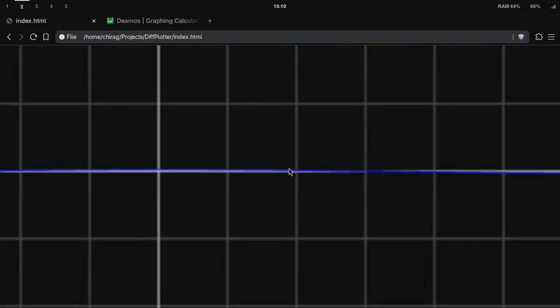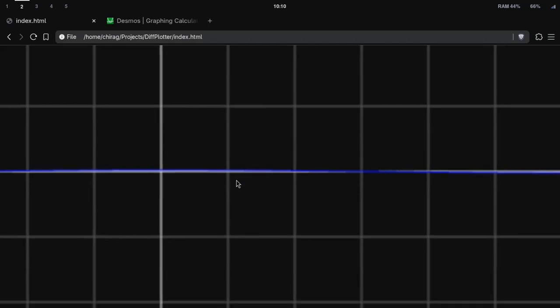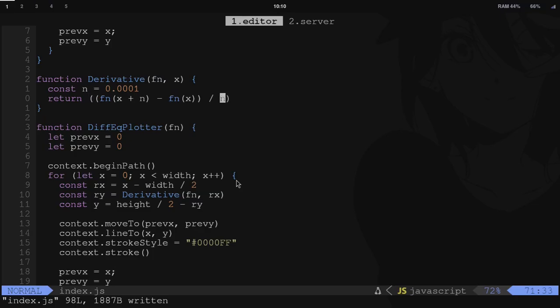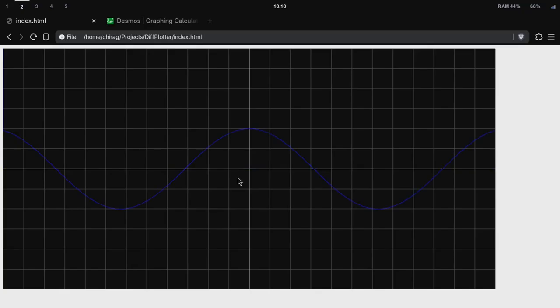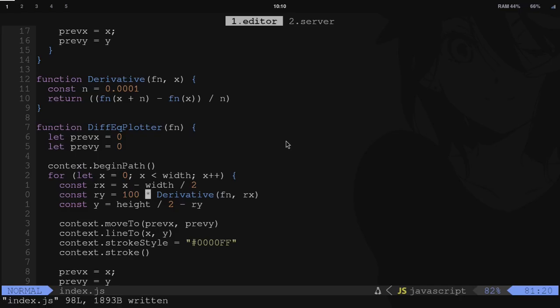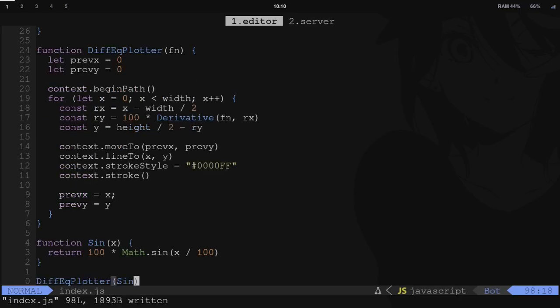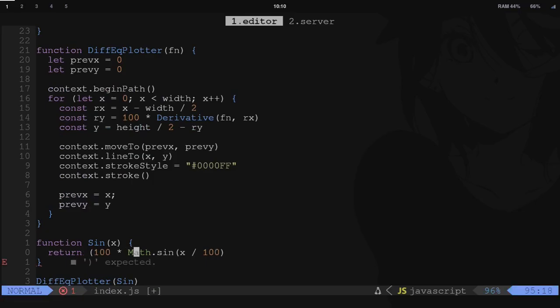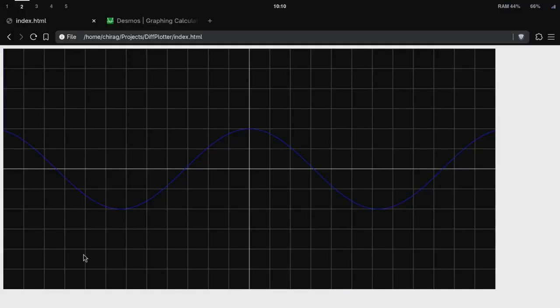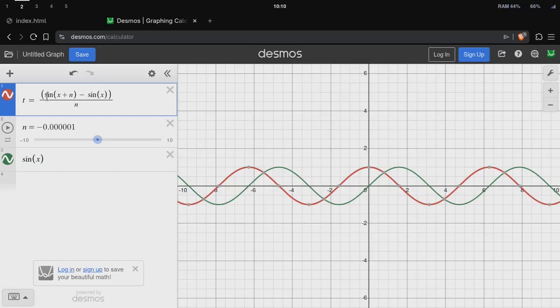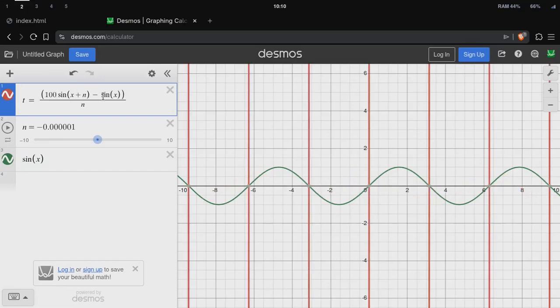Let's reload. Well, let me just go 100 times this. Oh, I understood what the problem was. The actual thing returned 100 times math sine x, so the derivative is 100 times cos x.